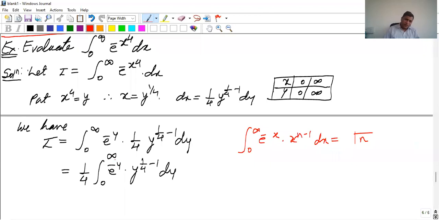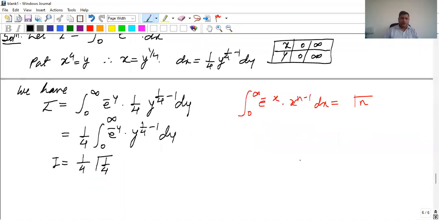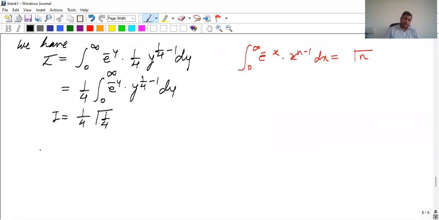So this integral will be gamma of 1 by 4. So the value of I is 1 by 4 into gamma 1 by 4. So the integral from 0 to infinity of e raised to minus x raised to 4 dx is 1 by 4 gamma of 1 by 4.